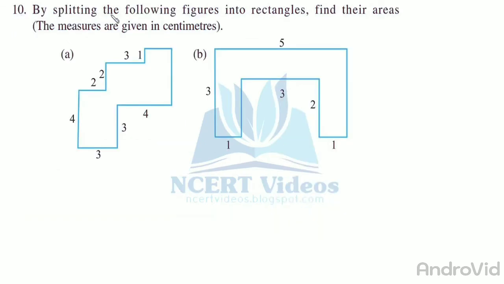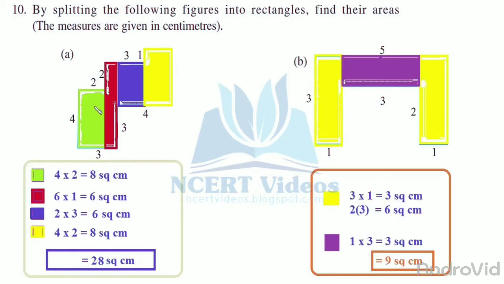10th, by splitting the following figures into rectangles, find their areas. The measures are given in centimeters. So whatever the number is written, it is in centimeter units. So we can divide it in following colors by making vertical lines.